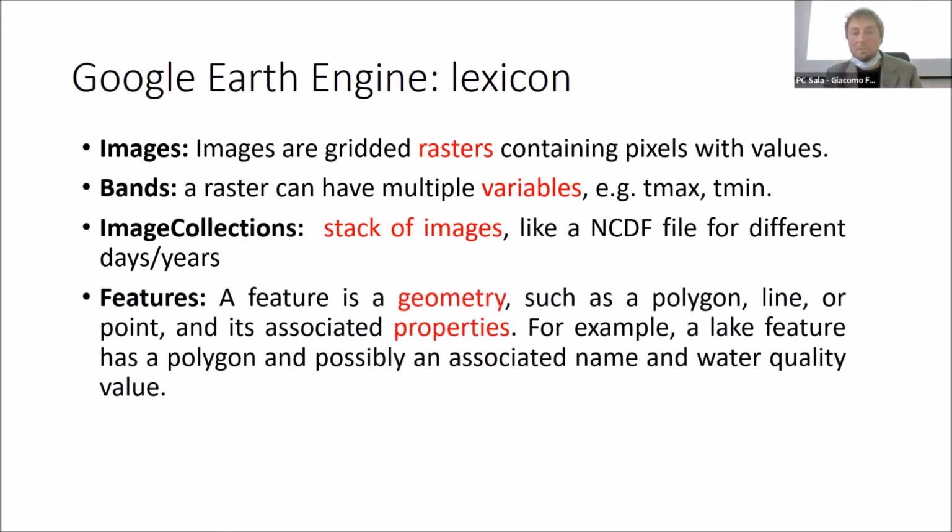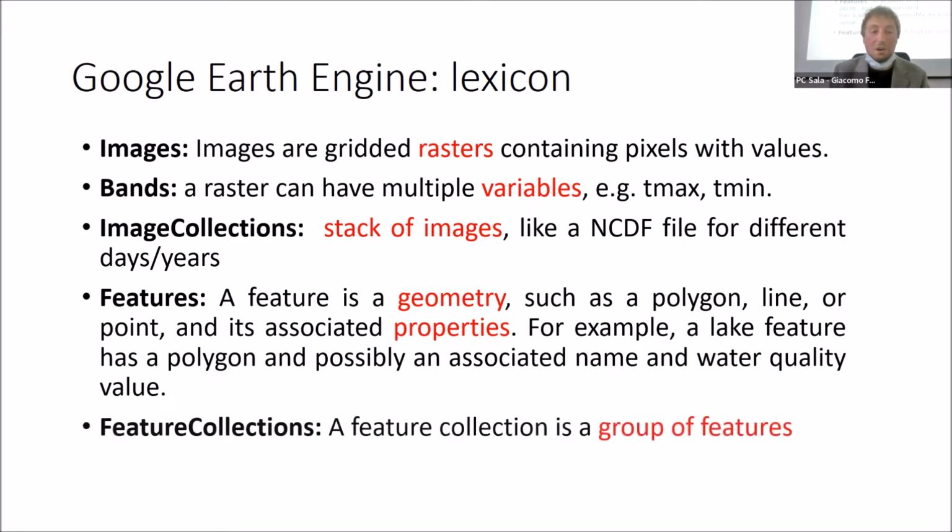Then you have features, and features are instead geometries. So they are vector data, or what often are shapefiles, right? So it is a polygon, a line, a point, and its associated properties. An example is the polygon of a lake and its associated characteristics like name, water quality, and so on.